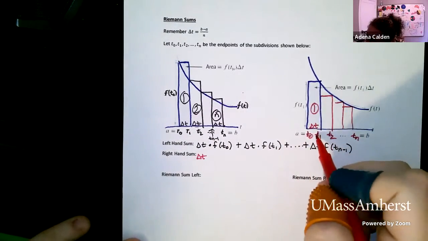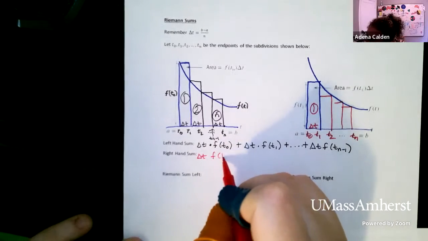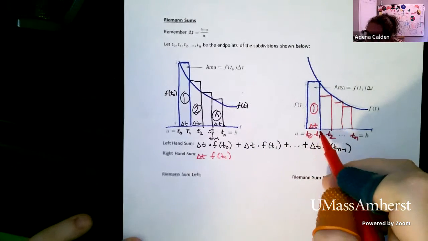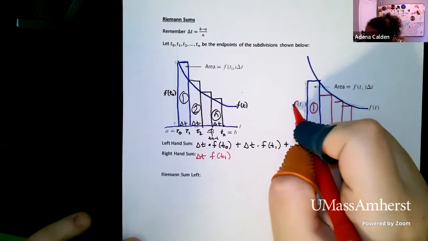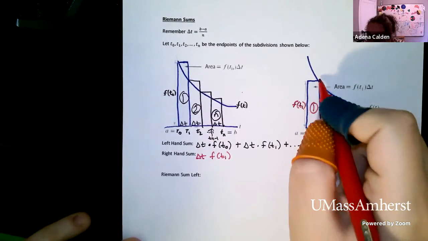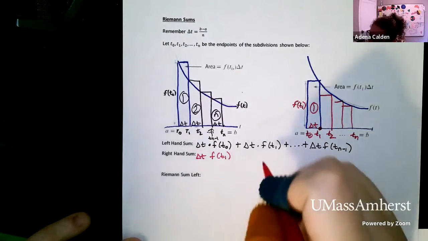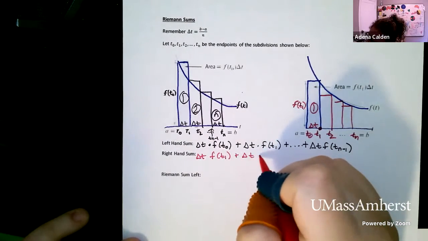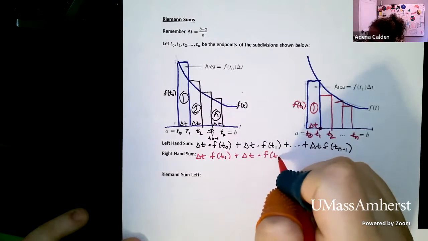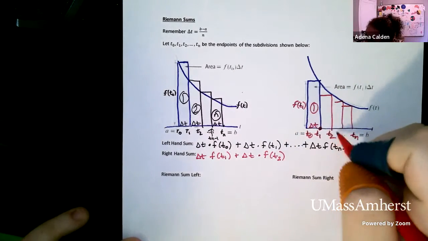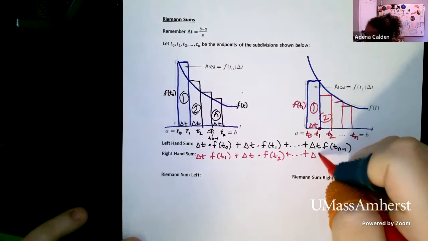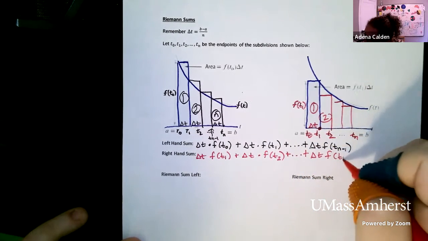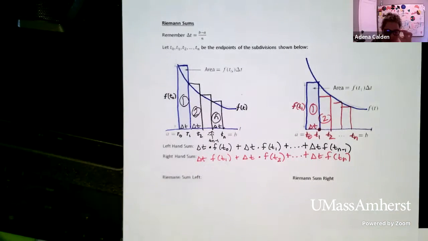So for the first rectangle, the height will be f of t sub 1, because that's the one we're going to plug into our function to get the height of the first rectangle. For the second one, we have f of t sub 2, because we picked the one on the right. And then for the last one, we have f of t sub n.